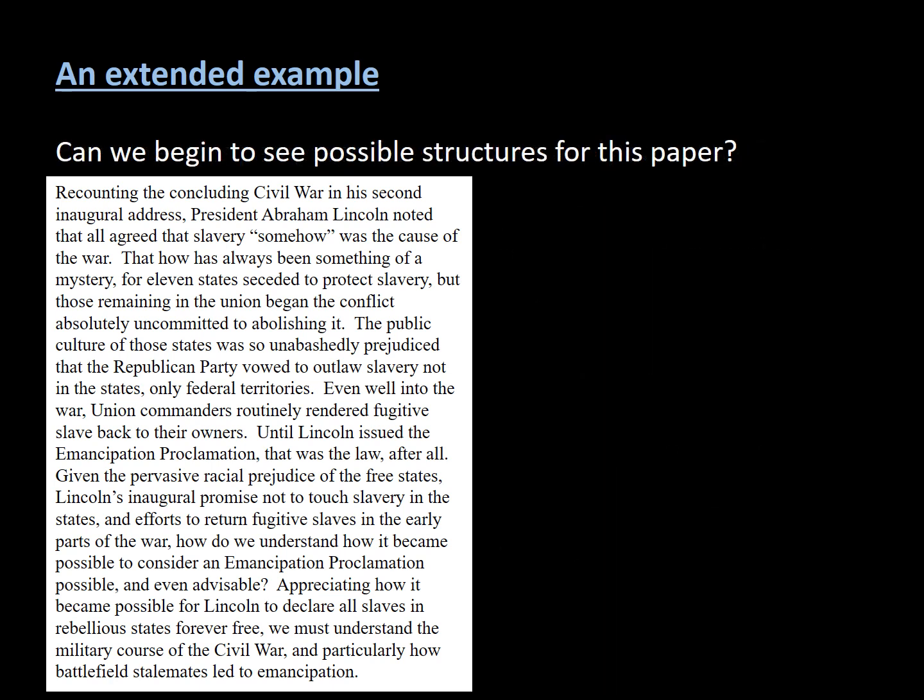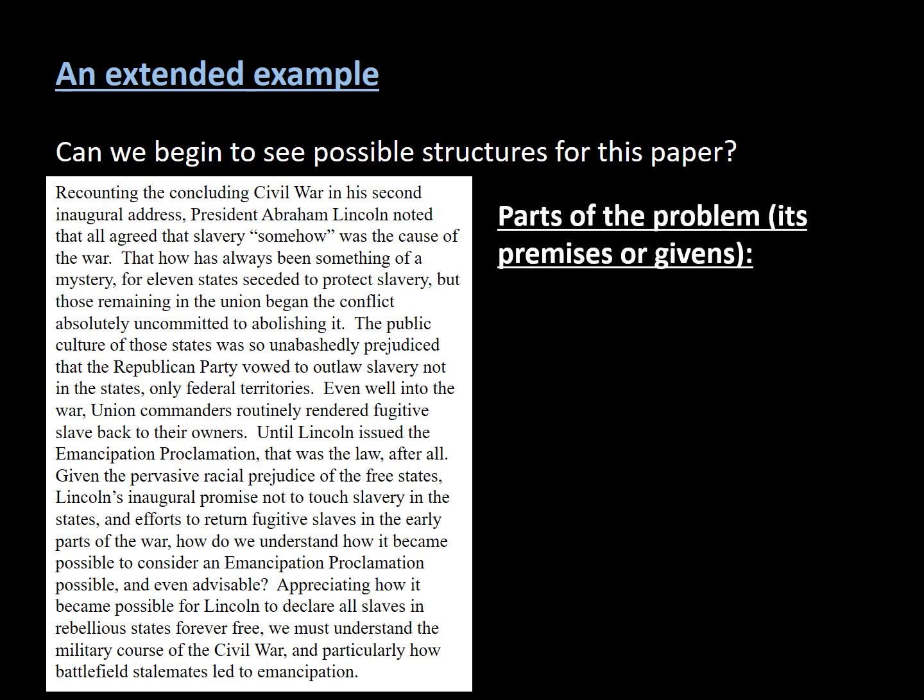Okay, let's see if we can use this introductory paragraph to figure out the structure of this paper. First, we want to think about the problem. Where is the problem in this? And we see that there are sort of 3 pieces or premises to this problem, three givens, things that we already think to be true. That there's popular racism in the North.